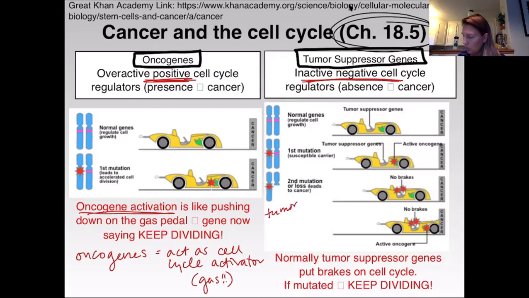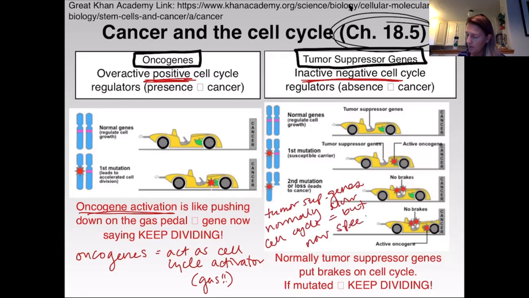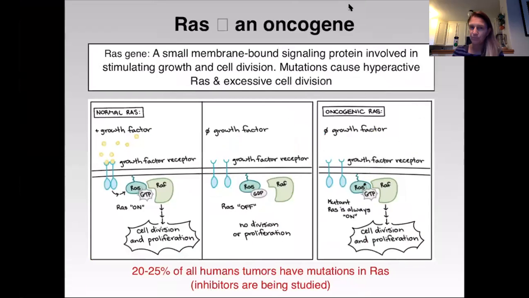Tumor suppressor genes normally slow the cell cycle, but now it's speeding up. So if you have mutations in an oncogene, they will speed up the cell cycle. If you have a mutation in a tumor suppressor gene, they will also speed up the cell cycle.